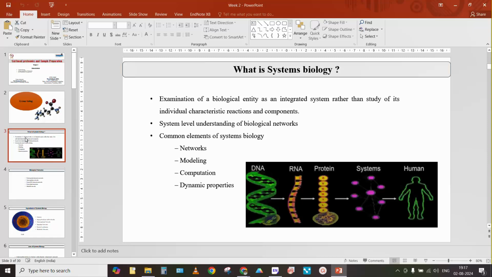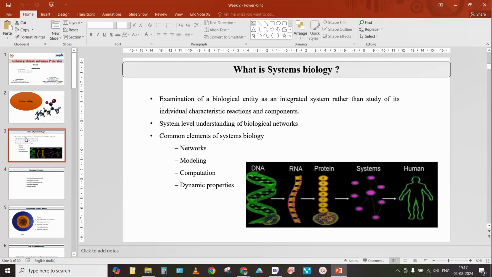So the system-level understanding of biological networks requires information from different levels. As you can see, from DNA to RNA to proteins forming systems, and then that information can be applied to understand a complex system for different organisms.